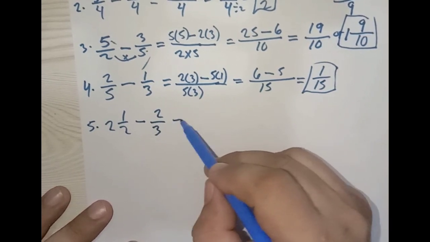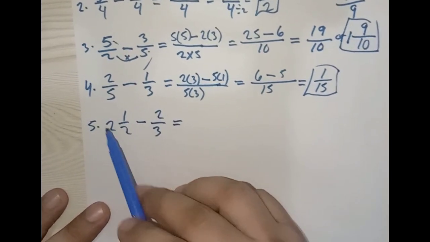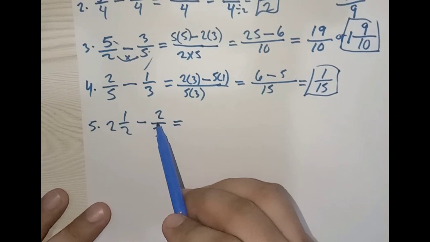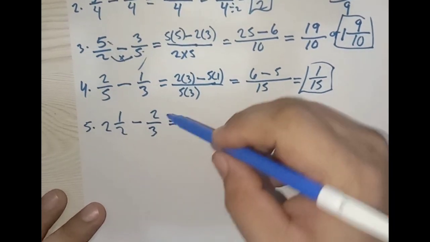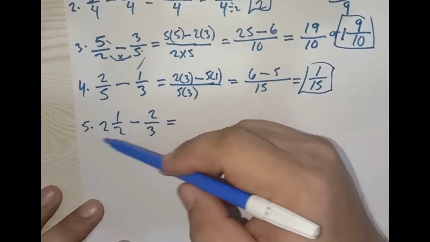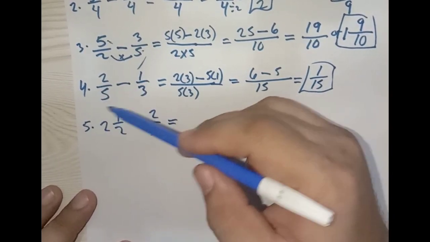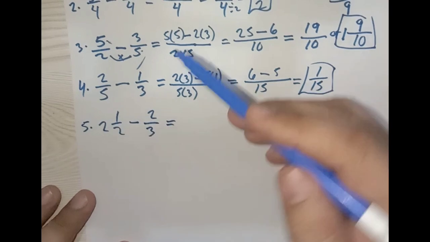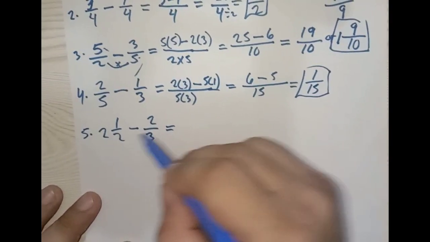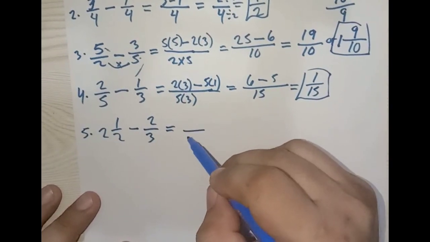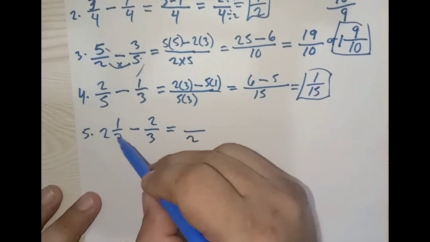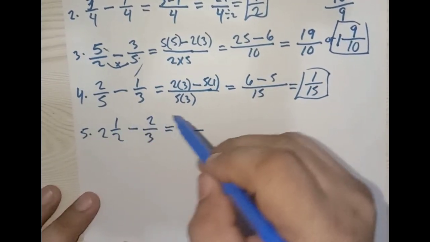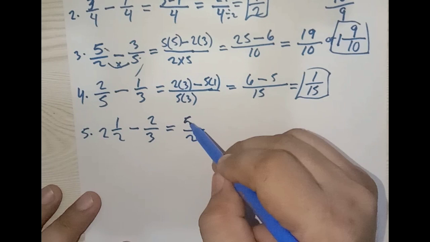Okay? So, mayroon na tayong mixed number and mayroon na tayong fraction. So, ang unang gagawin natin dito, itong mixed number, i-change muna natin siya into improper fraction. Okay. So, copy the denominator 2, 2 times 2 is 4 plus 1 is 5.